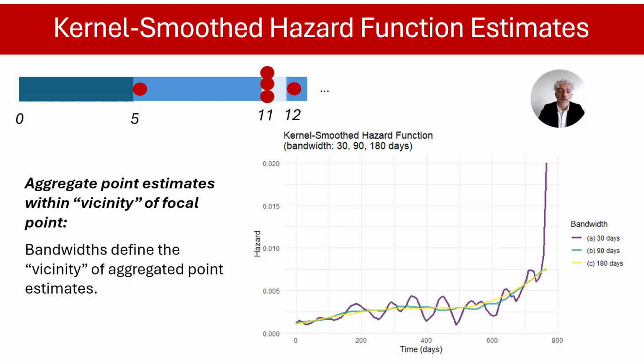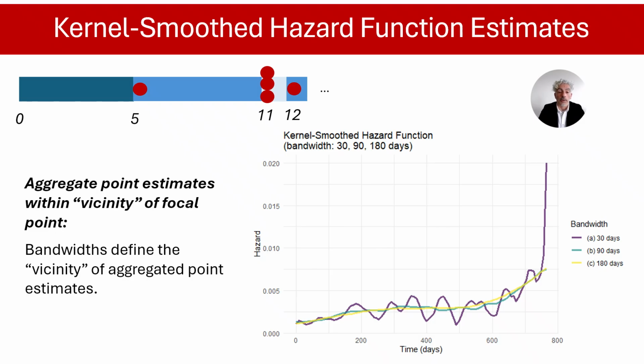So to still use the hazard function estimates and get some insights into the phenomena of interest, we can rely on kernel-smoothed estimates. These are basically estimates of the average of a function, in this case the hazard function, that are estimated by aggregating together all the point estimates that are within the temporal vicinity of a focal time point.